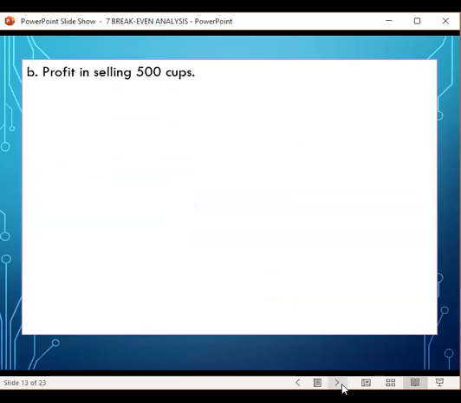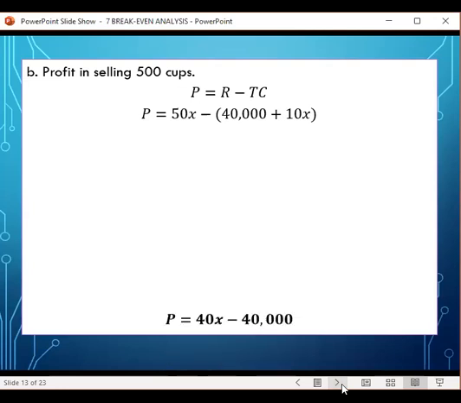So next question, what would be the profit in selling 500 cups? So recall we have a formula for the profit, that's the revenue minus the total cost. We know that the revenue is 50x minus the total cost, which is a quantity of 40,000 plus 10x. So we simplify this one.